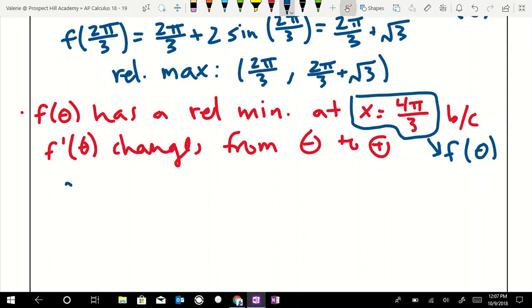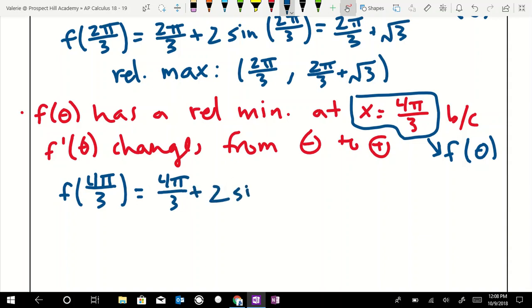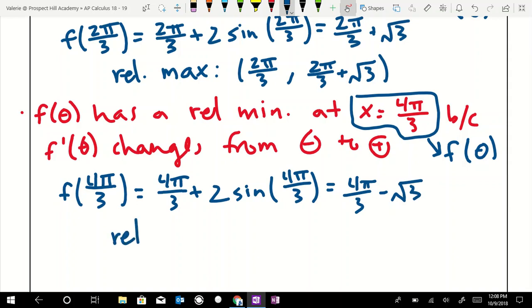So f of 4 pi over 3 is equal to 4 pi over 3 plus 2 sine of 4 pi over 3, which is equal to 4 pi over 3 minus square root of 3. So our relative min occurs at 4 pi over 3, comma, 4 pi over 3 minus square root of 3.